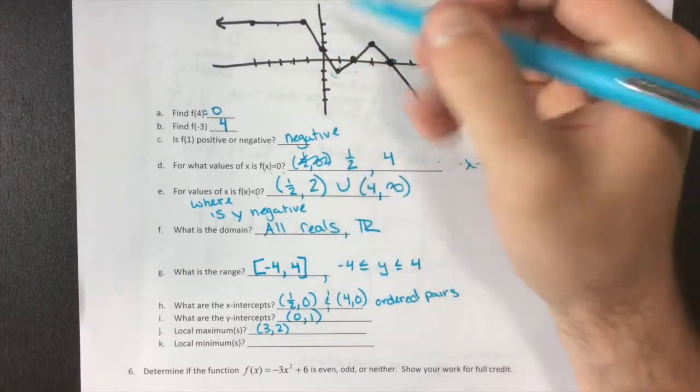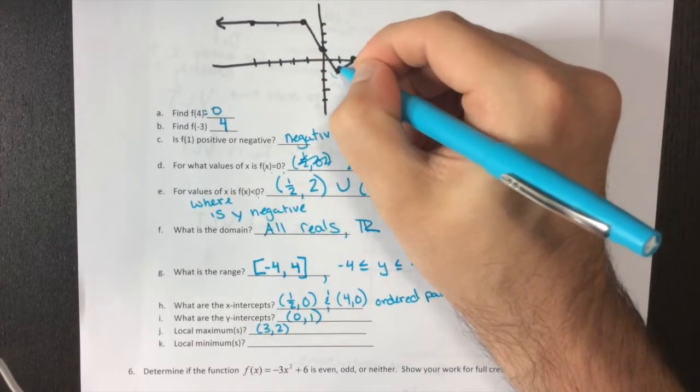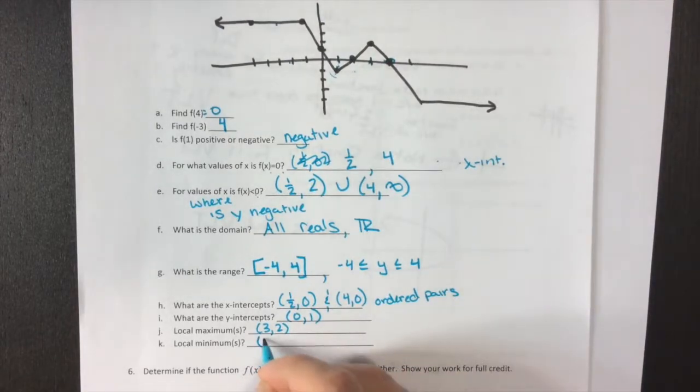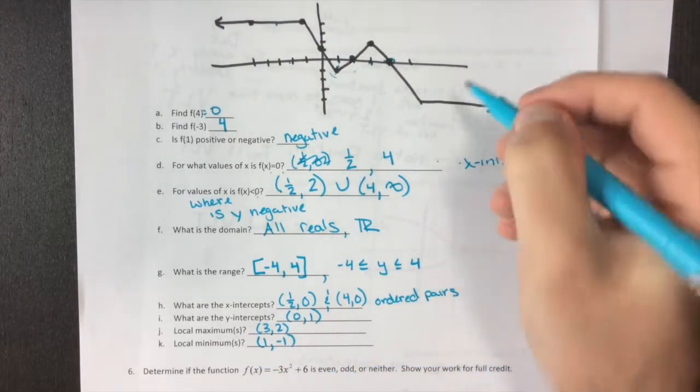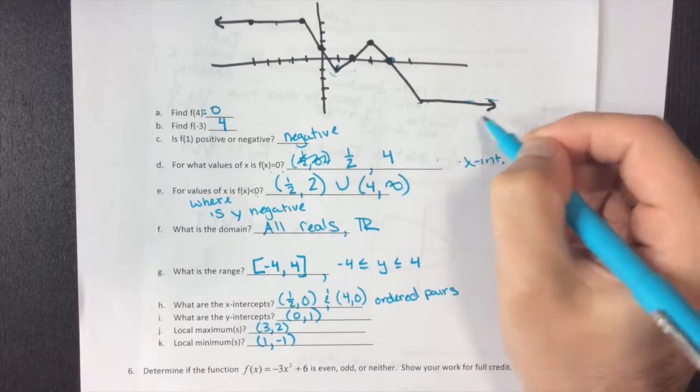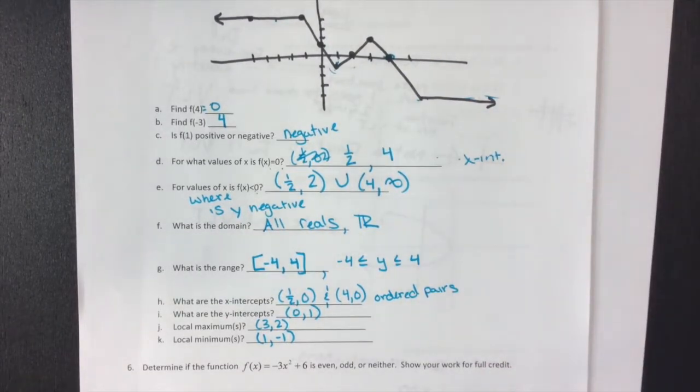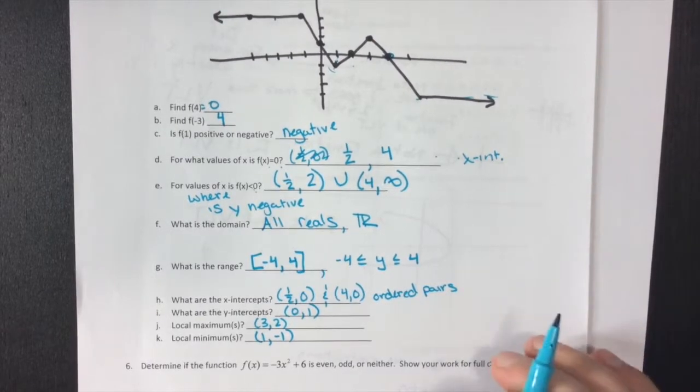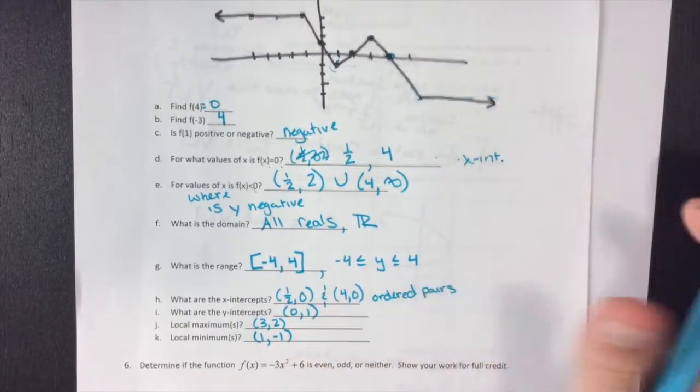Likewise, for a local min, it looks like it's at 1, -1. And again, we can't say that this line is a minimum because a minimum is a change of direction. So that takes care of number 5.